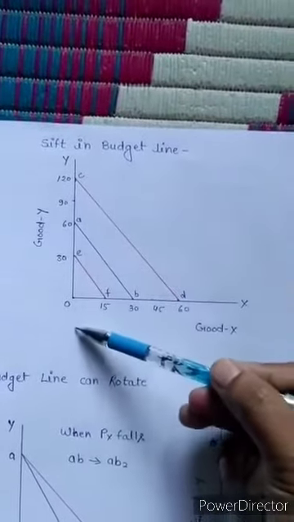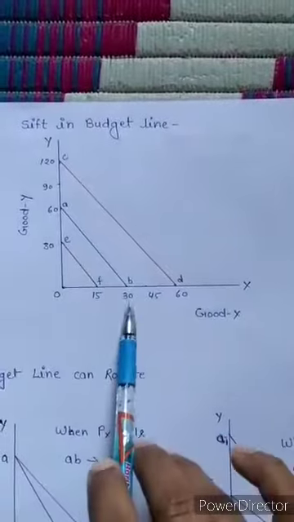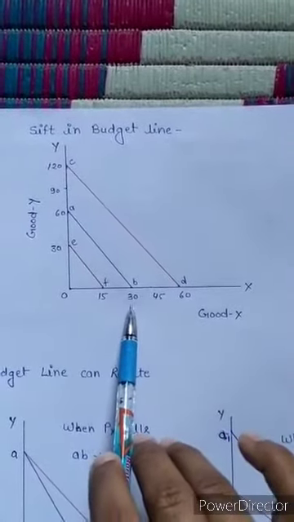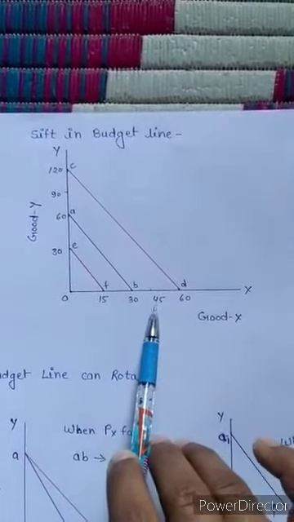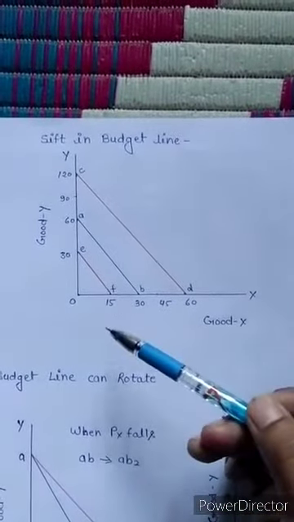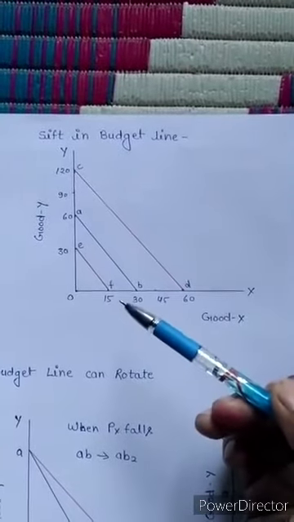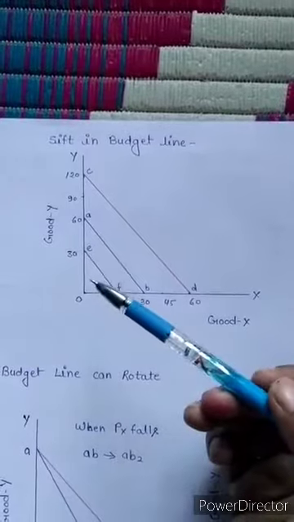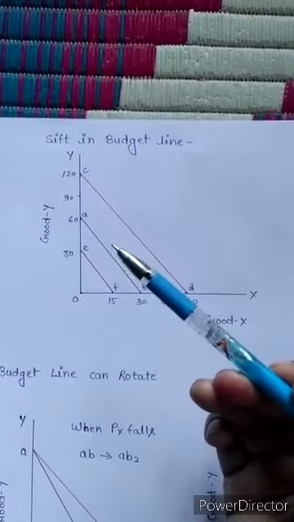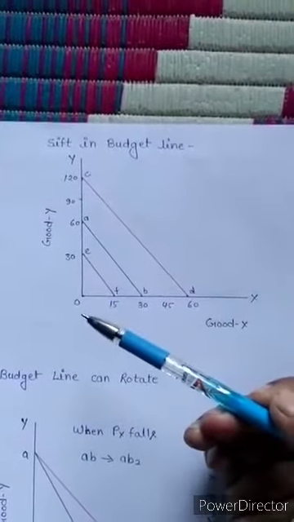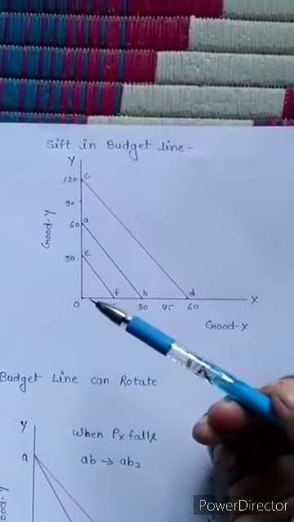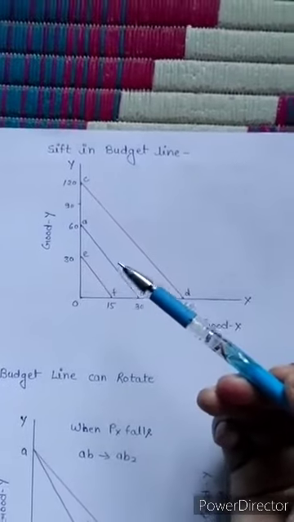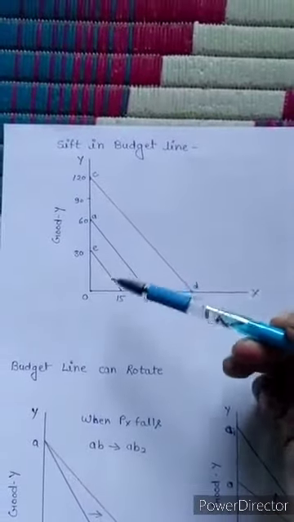On the other hand, if the consumer spends all his income on goods X, he can purchase 30 units of goods X. Now assume the consumer income increases from 60 rupees to 120 rupees.